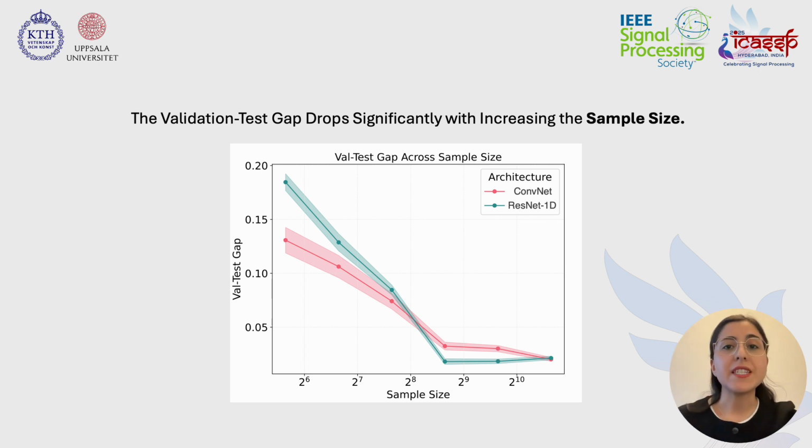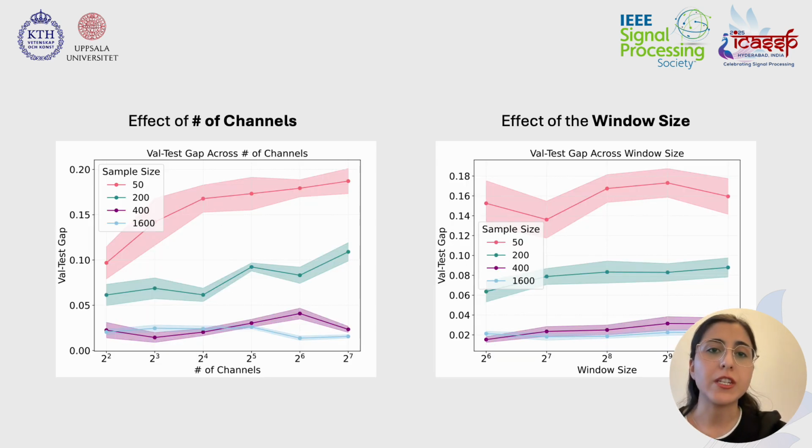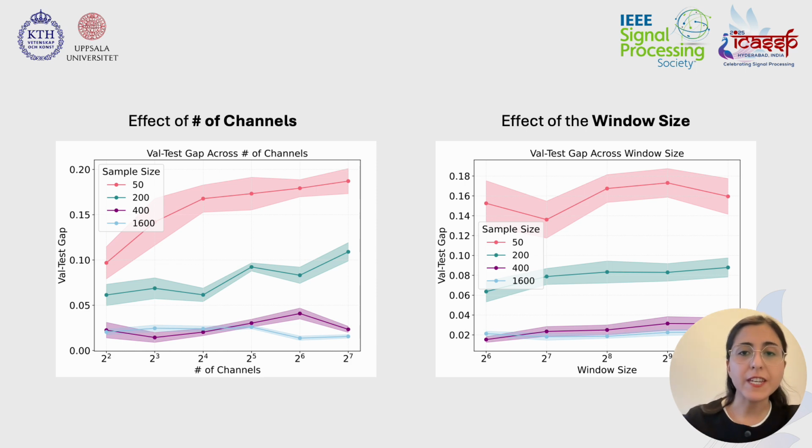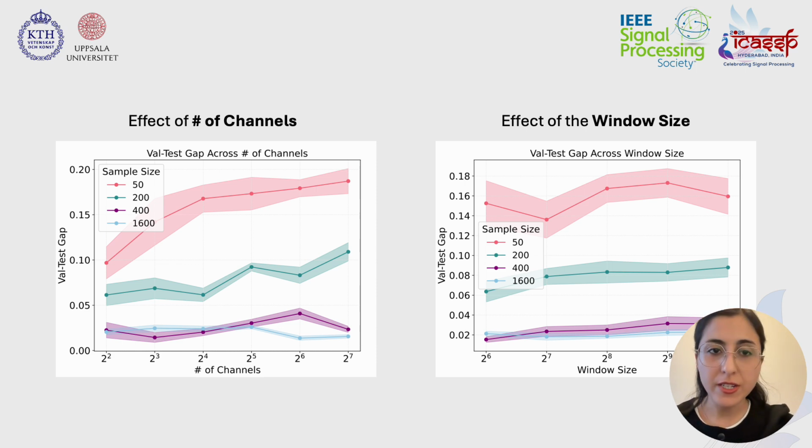We observed a significant validation test gap, which decreased as the sample size increased. We also checked if window size or the number of EEG channels had any effect, and it turned out that more channels resulted in a slightly bigger validation test gap, and larger window sizes didn't seem to change this gap that much.